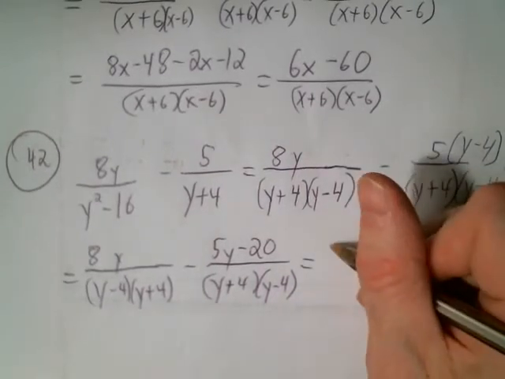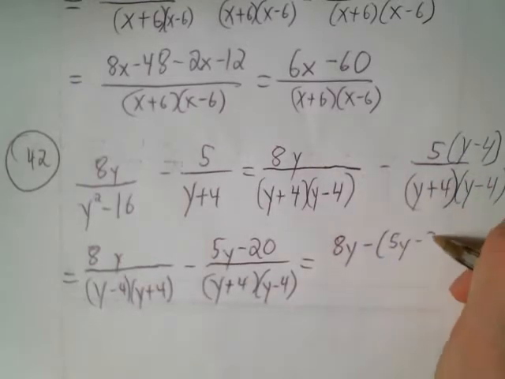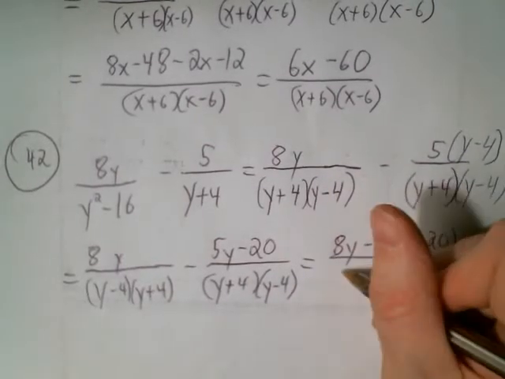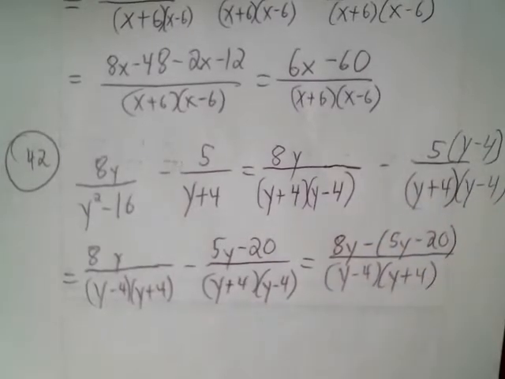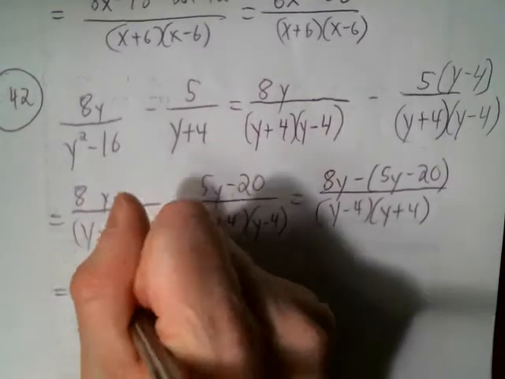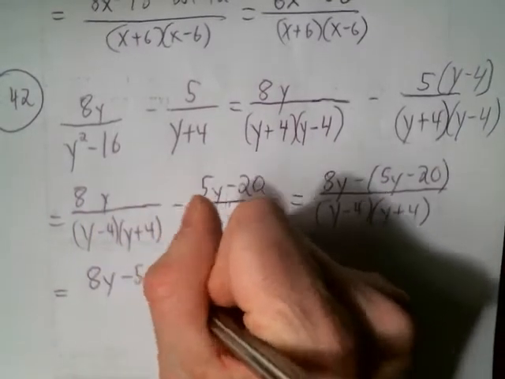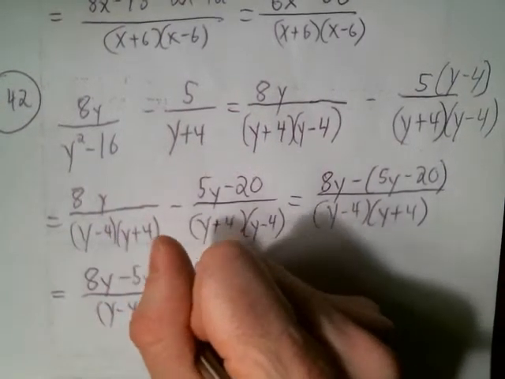Combine the numerators, so we're subtracting. I need to indicate that with a parentheses. Okay. So I'll have 8y minus 5y plus 20 all over y minus 4, y plus 4.